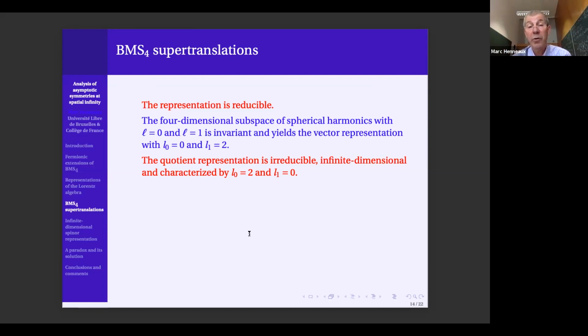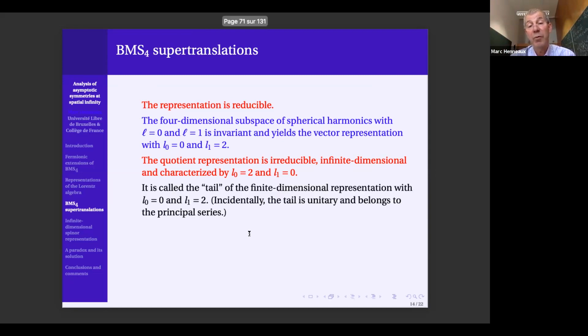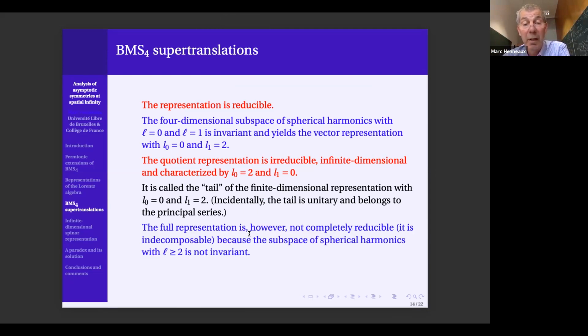Now, although the quotient representation is irreducible, the total representation, the full BMS4 super translation representation, is not decomposable. It's not fully reducible. We don't get a direct sum, because when we compute the bracket of two higher harmonic super translations, we can produce lower order ones. So this is not an invariant subspace.